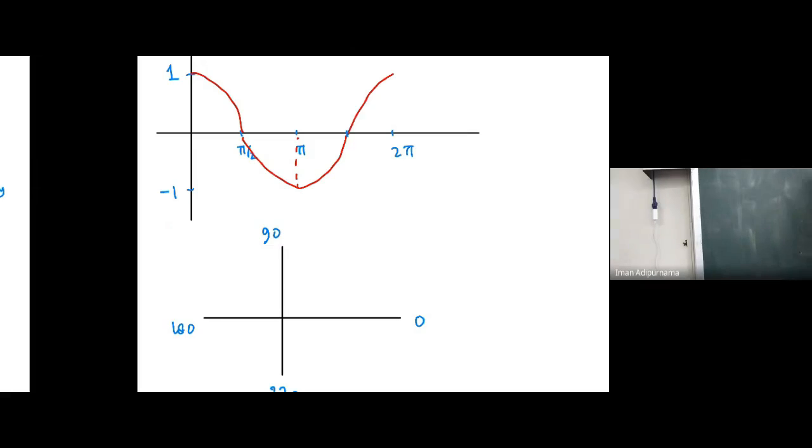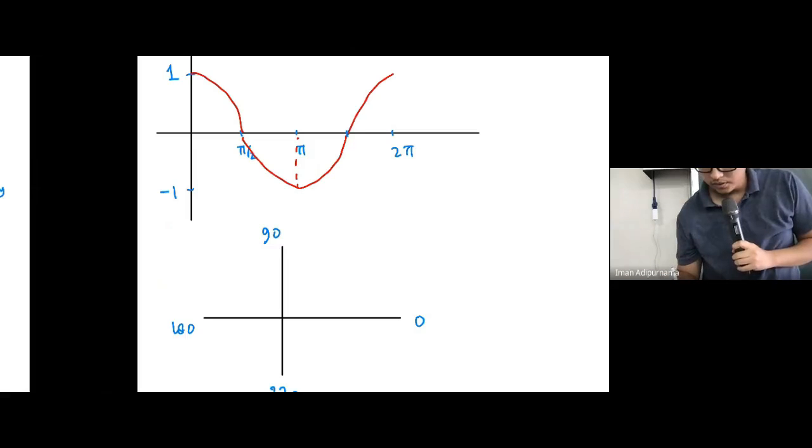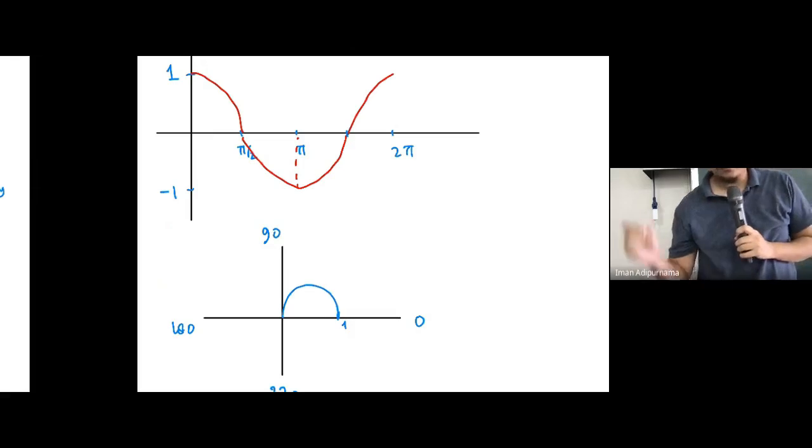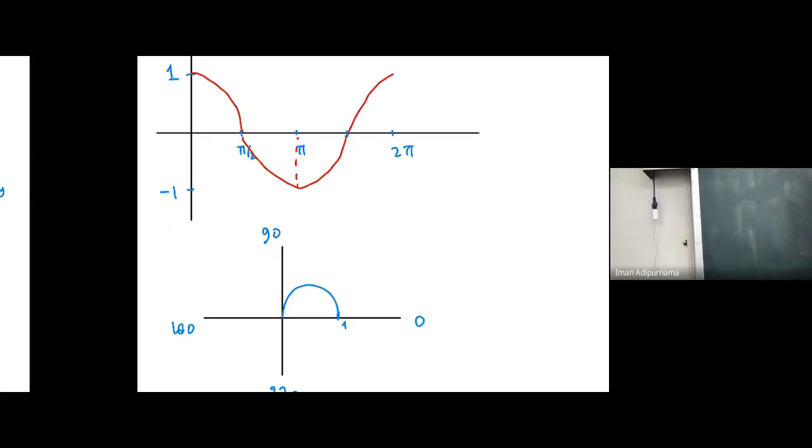Okay, so I will draw. It's 1. Now, from 90 to pi, to 180, it goes to -1, right? How to draw it?